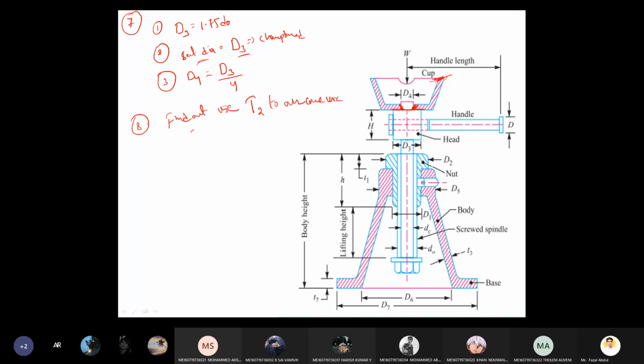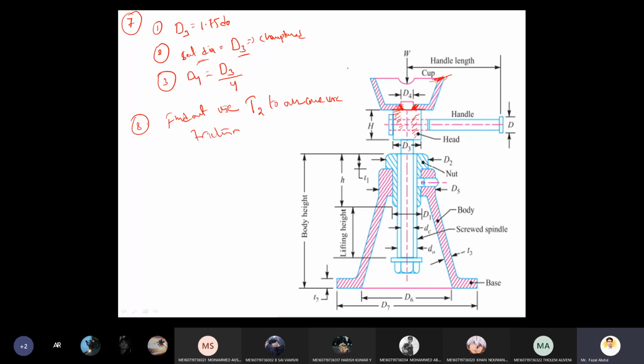Okay, so where is the friction? You can find the friction here, and in this region.